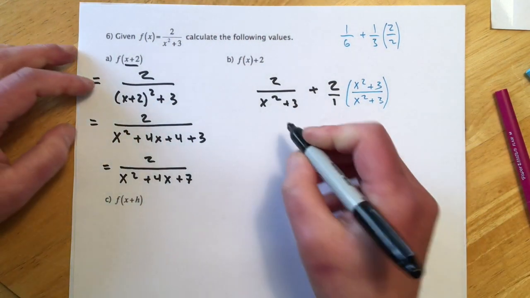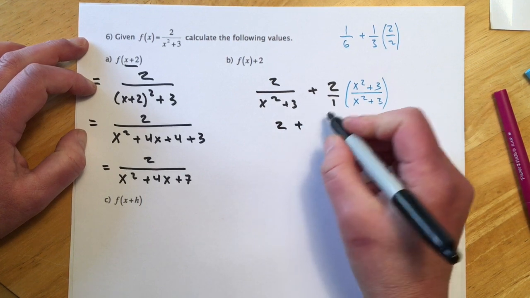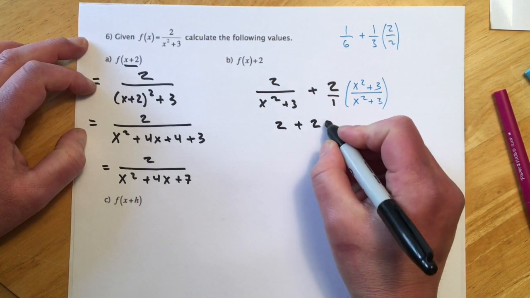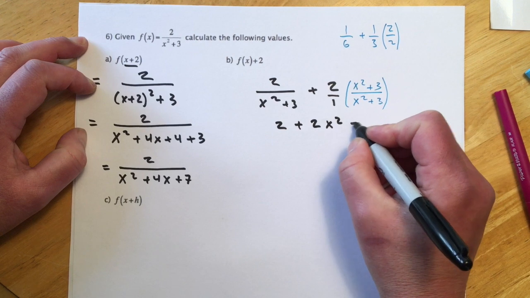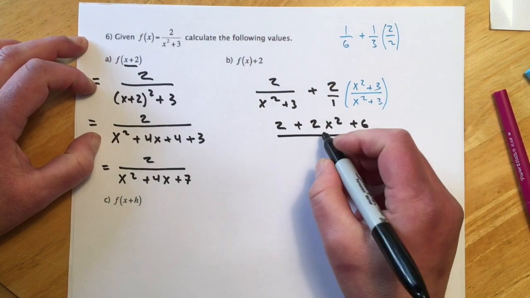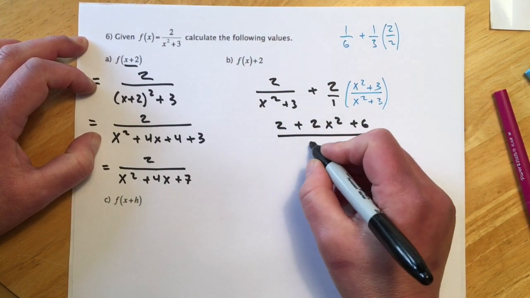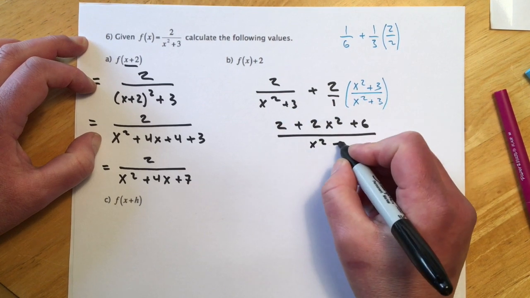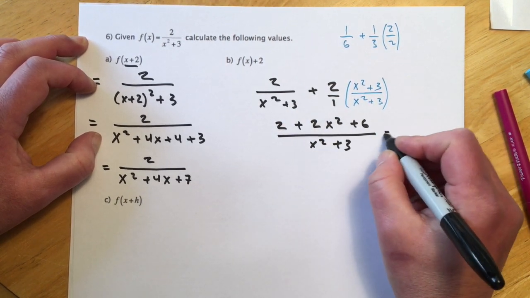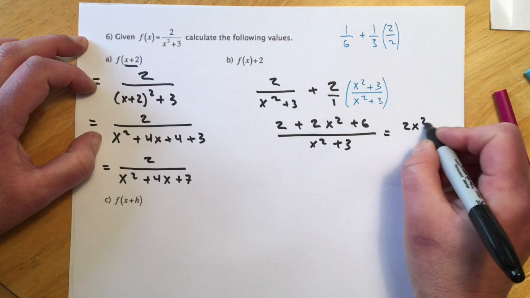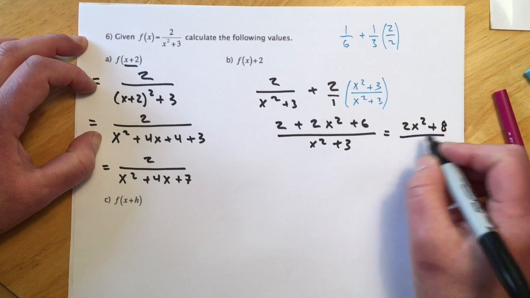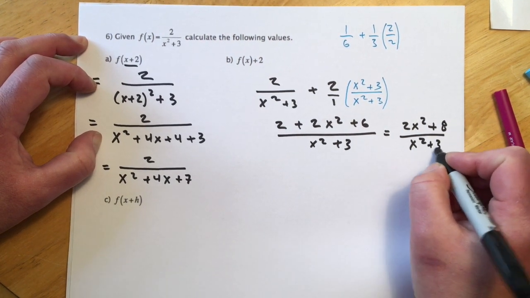And then that's going to look like 2 plus 2x squared plus 6. And now that's all over x squared plus 3, because we have a common denominator. And then combining those, I'll get 2x squared plus 8 over x squared plus 3.